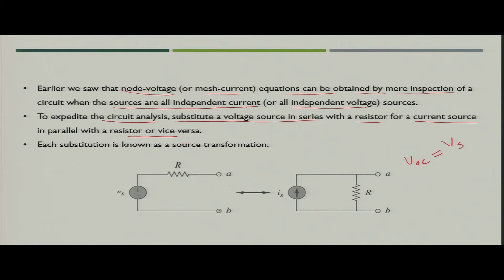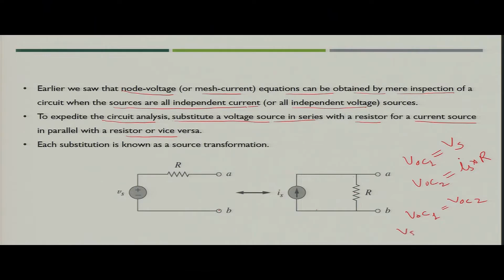For the first circuit, the open circuit voltage across A and B would be Vs. Similarly, in the second circuit, the open circuit voltage would be Is into R. Now, as per the property, if both circuits are equivalent, the VOC for the first circuit and the VOC for the second circuit should be equal.